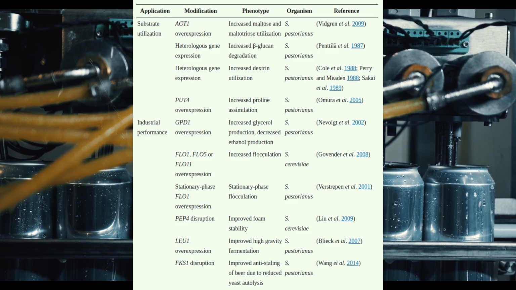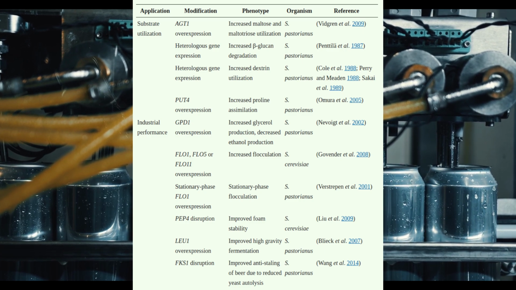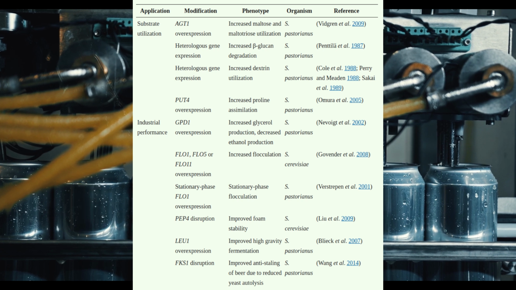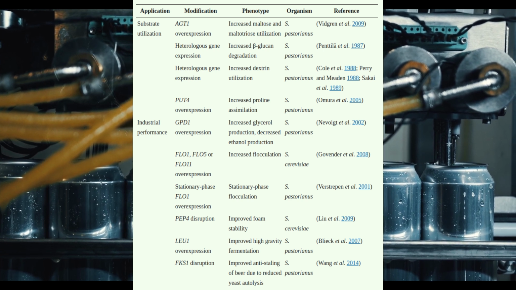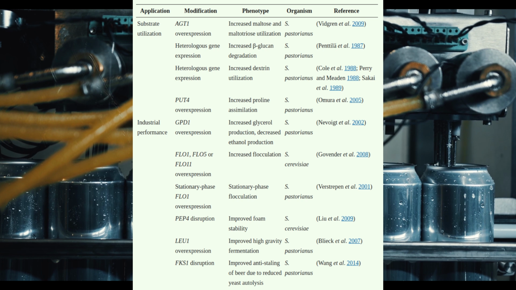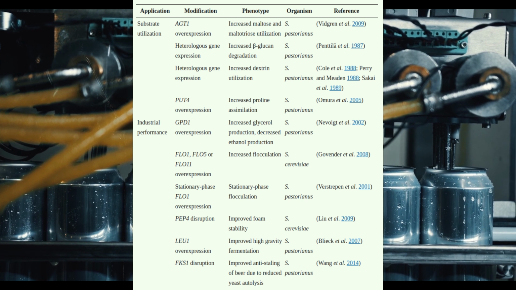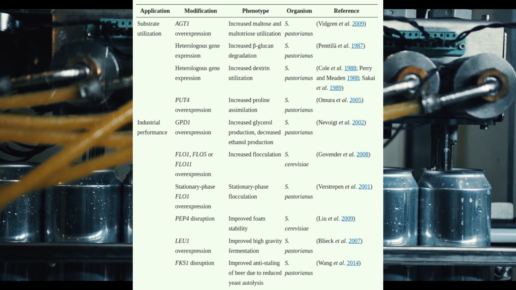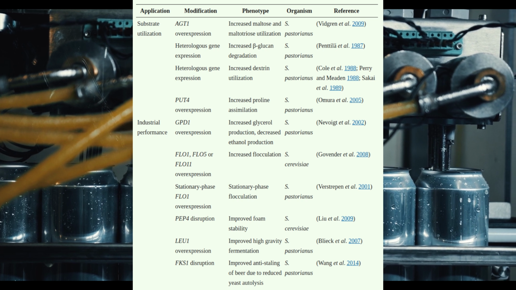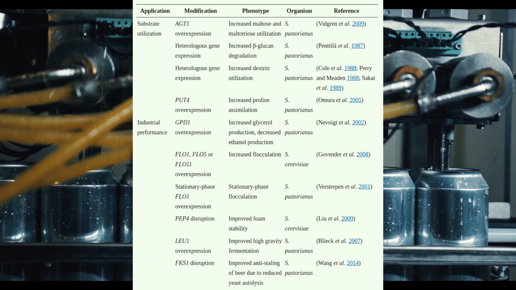There are also other lager strains that appear to show this, but not so much ale. Because of this, and it's very important to be aware of it, glucose does affect this in terms of ale. Ale will be able to suppress or reduce the expression of AGT1 genes when in the presence of glucose.